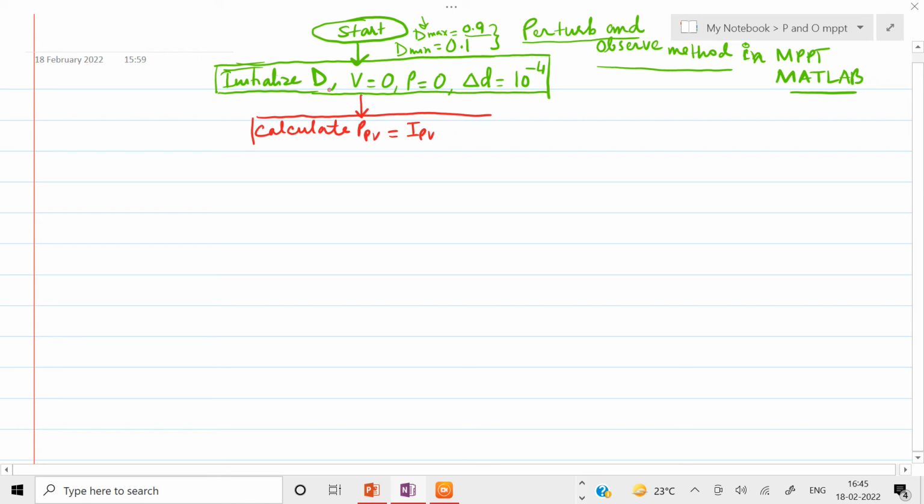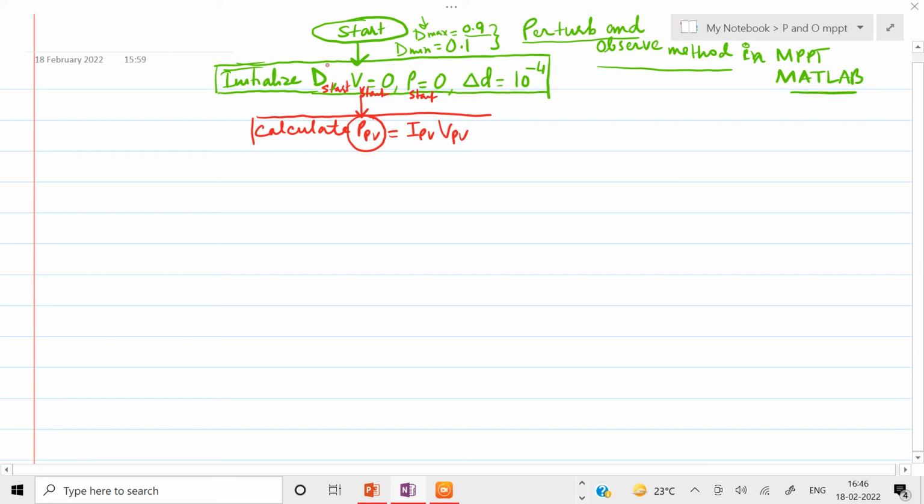Let me call the starting values D start or V start, similarly P start. The new value of the power output PPV will be equal to IPV into VPV, because initially we have taken V start equal to 0 and P start is 0. Because V start is 0, P start will also be 0, because it is the product of V and I.